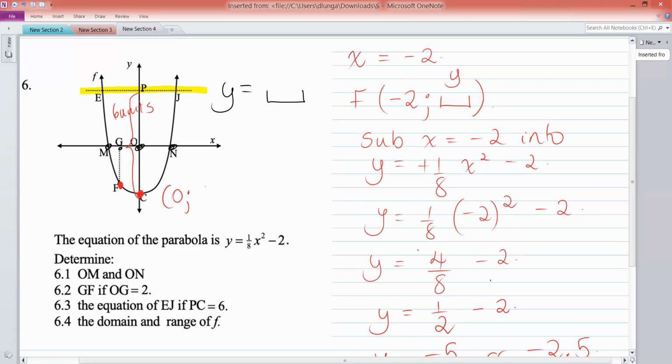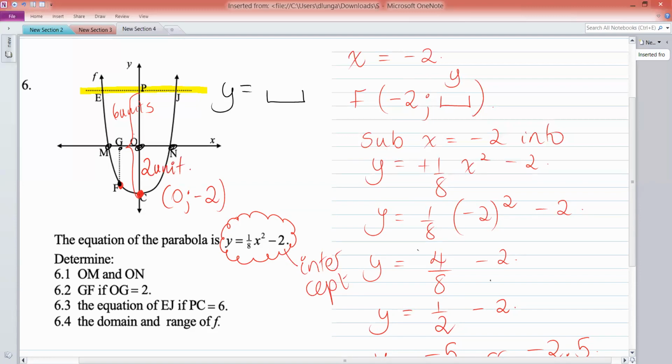What's the corresponding Y value? Just by looking at this, remember this value, that's your intercept. So just by looking at it, you can also plug in 0 there. So that C coordinate is (0, -2). So the distance from O to C is actually 2 units.